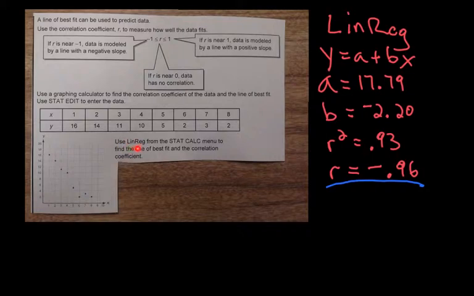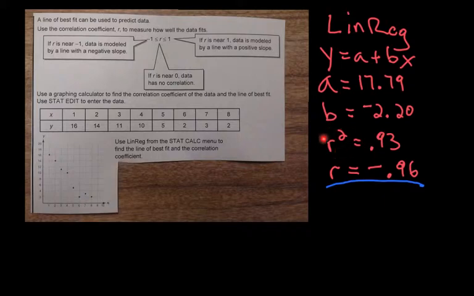So we're going to use the linear regression from the stats calculator. You can see that I already have the information over here. We have the equation of the regression line, y equals a plus bx. We have the a value and the b value. A is your y-intercept, b is the slope of the line.